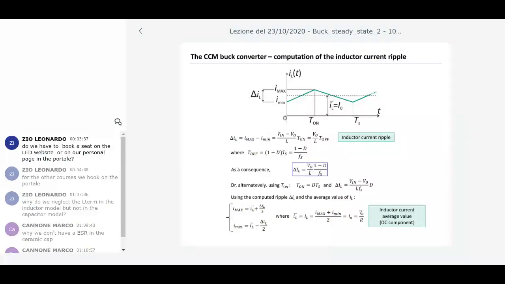I have a question here in the chat: do you have to book a seat on the website or on the portal? I wrote as a message in the portal that you have to book on the LED website, but I talked to the people in charge of the lab and they told me that you can book your seat directly on your student portal.